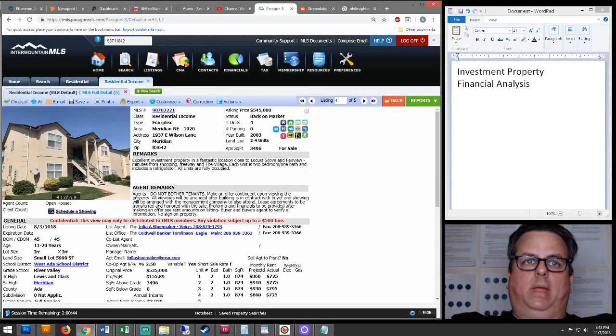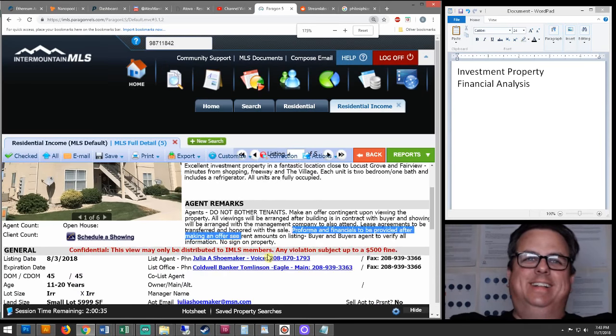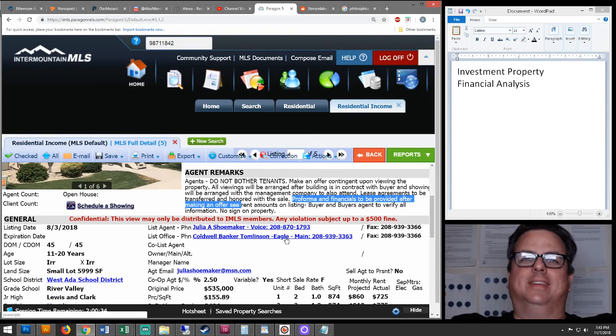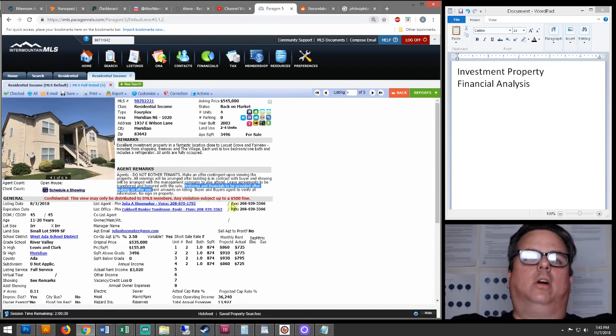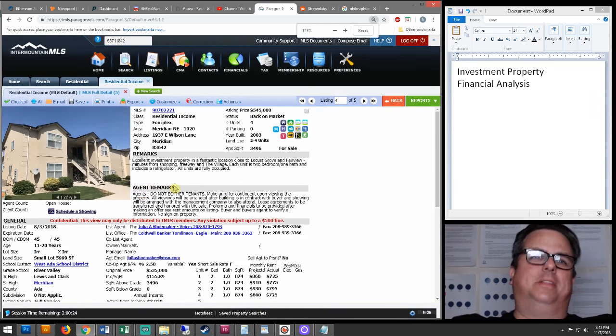Here, this person is saying pro forma and financials to be provided after making your offer. This is so backwards. It's like, yeah, I'll let you test drive the car after you've told me how much you'll pay for it. It's such a backwards thing.